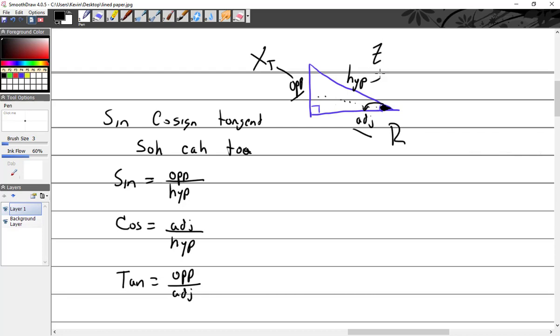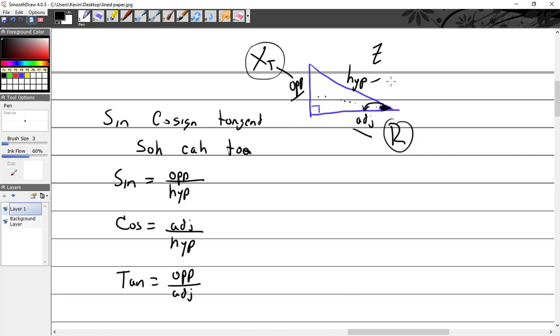Now I'm just going to give you a little advice here. How did you get Z? What did you need before you got Z? You had to find XT, you had to find R, and then you had to do some math with X and R to come up with Z. If you screw up on that math and you use Z to find this angle, guess what your angle is going to be?